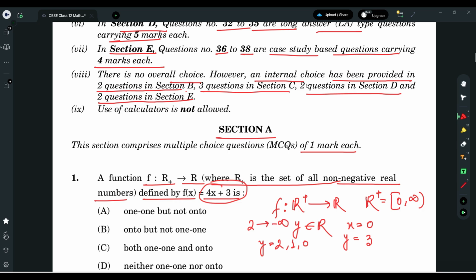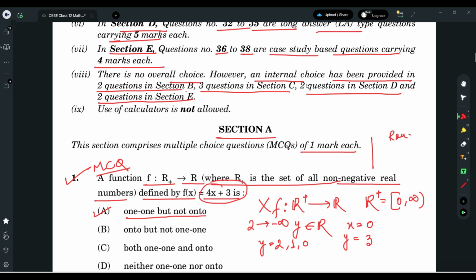That means this is not an onto function. That means option A is correct: one-one but not onto.